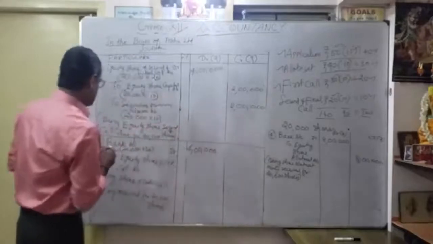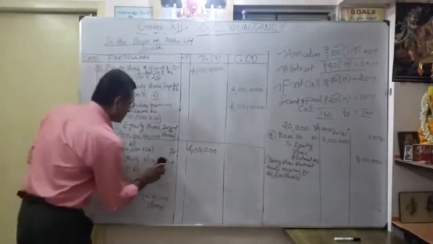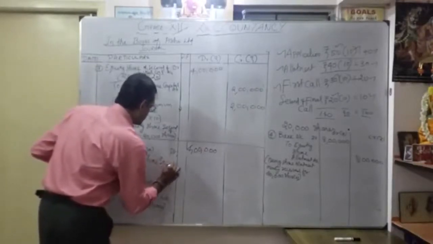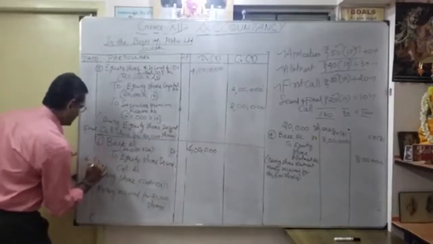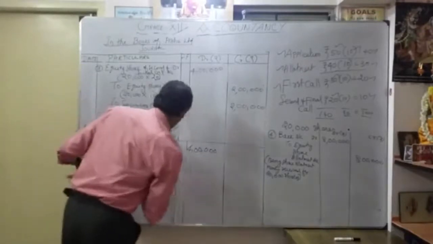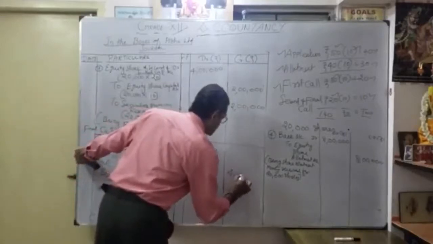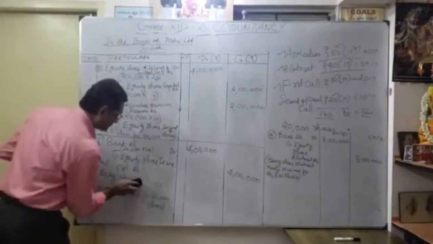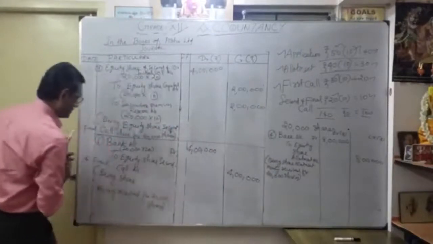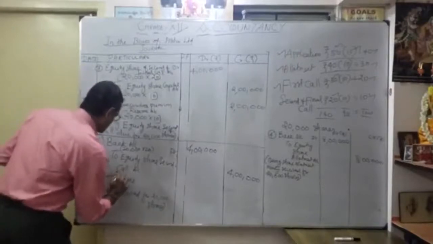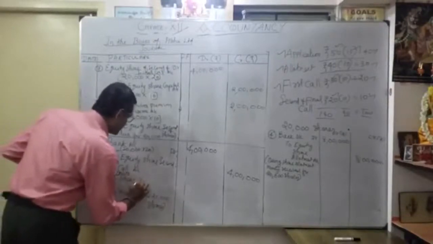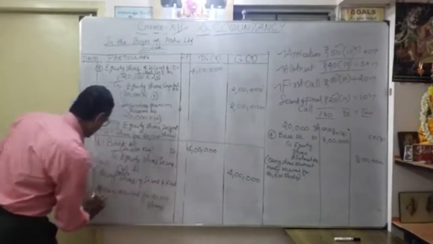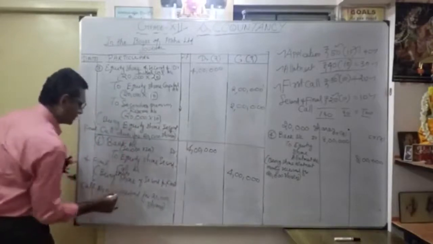To equity share second and final call account, 4 lakhs. My narration being equity share second and final call money received for 20,000 shares.